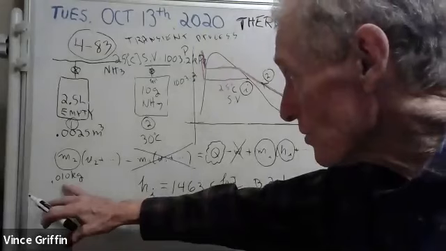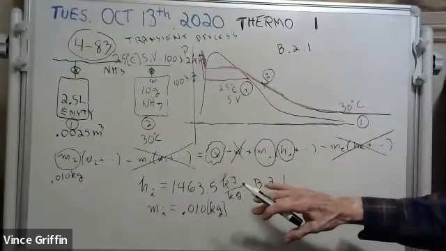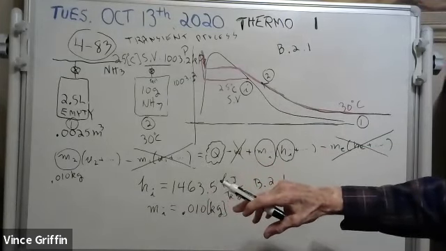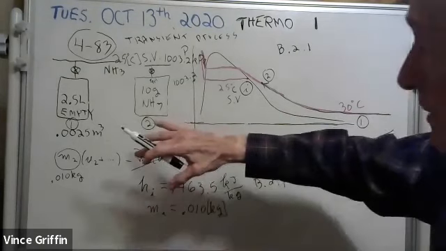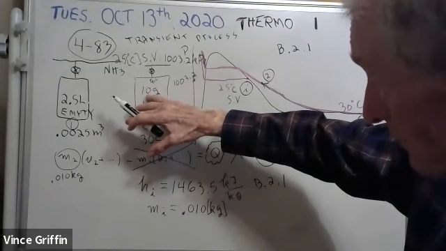Professor, say again please. I'm sorry to interrupt, this is Nathan. I understand that M2 is 0.01 kilograms, but I thought M1 was 0. No, M2 is 0.01 because whatever comes in, the incoming mass, they said that 10 grams comes in.